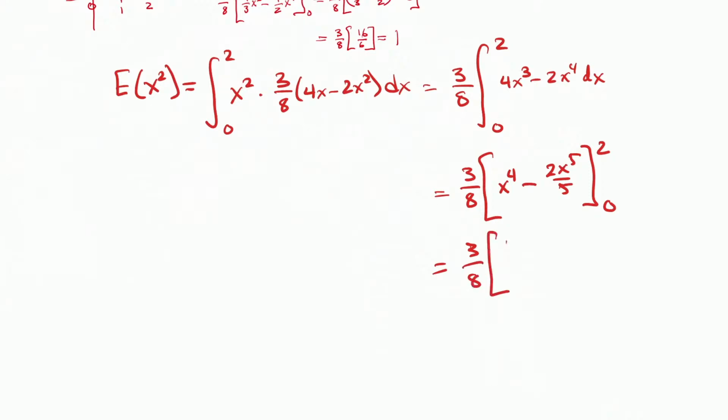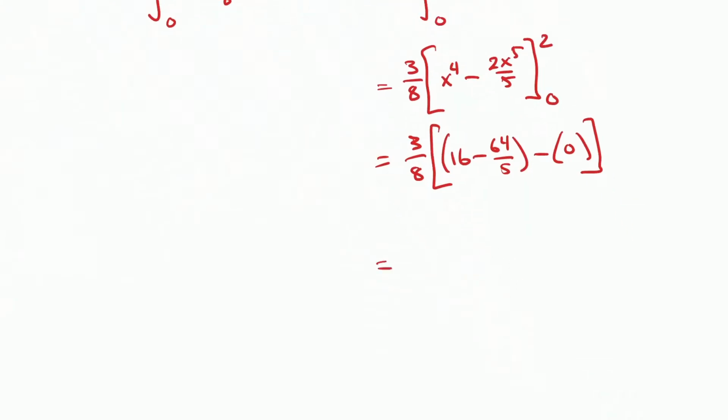Okay, so this is now 16 minus 64 fifths minus 0. Let's see, 16, 64. So if we multiply, you get 80 minus 64, 16. Just a sec, 3/8 times 16 fifths. Interesting. So this cancels here and you get 6 fifths. Huh. So that's the expected value of x squared.